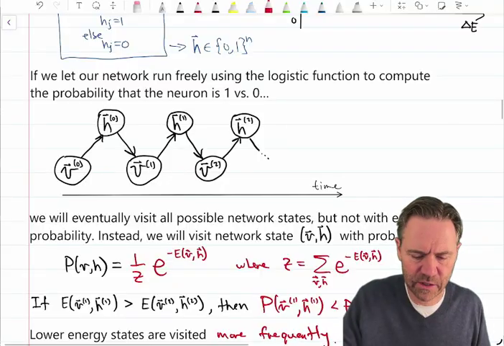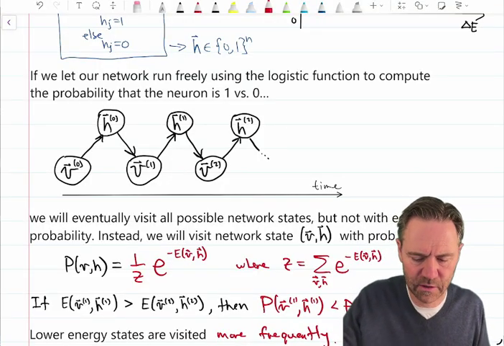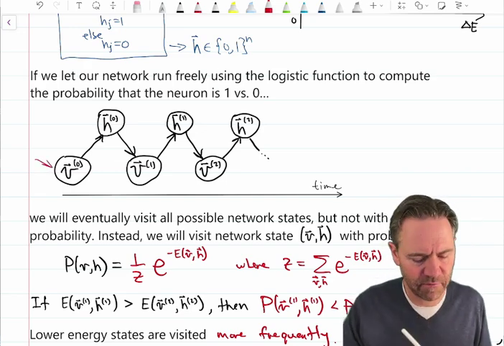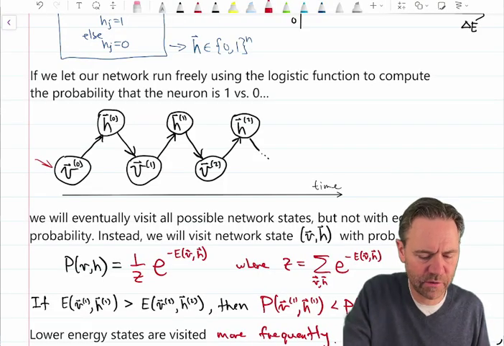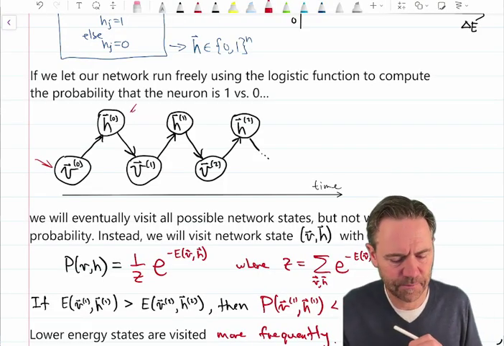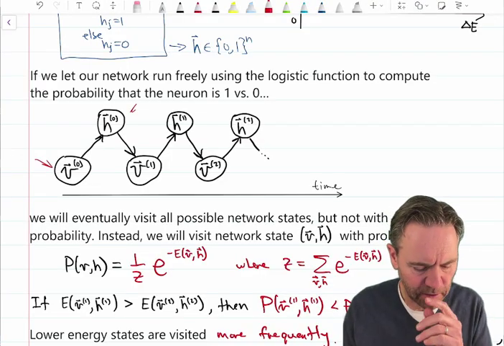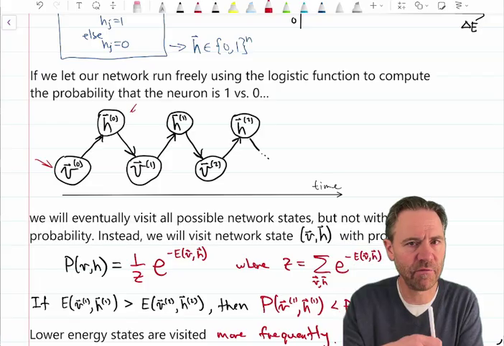So here, going back to this thing, I don't really remember talking about this plot, so let me address this now. Starting with some initial state V naught, you project up and you get your first H state. I'm calling it H0. I might call it H1 later on. I'm not sure. We'll see. And then your H state, you project it down back to the visible state.